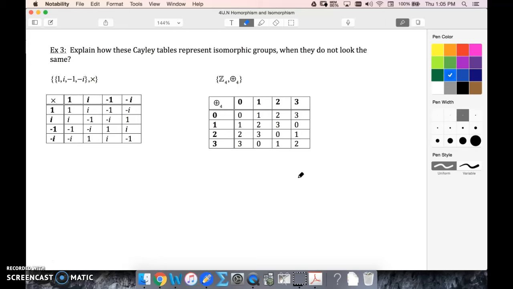But what I see is that both tables, if we look across the diagonals, what I'm seeing is some symmetry. 1, 1, 2, 2, 2, 3, 3, 3, 0, 0, 0. Let's look over here.